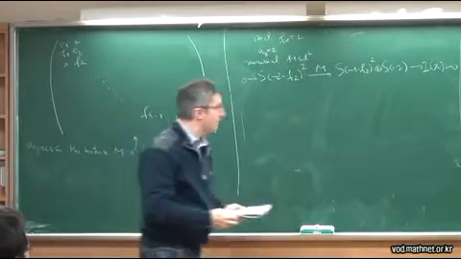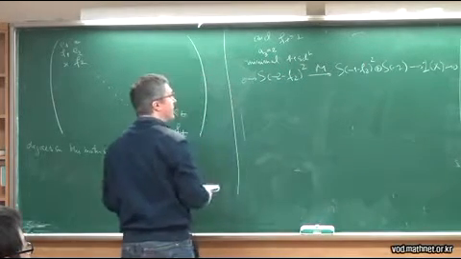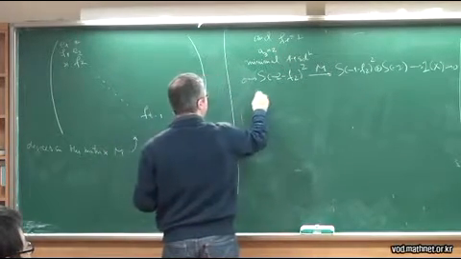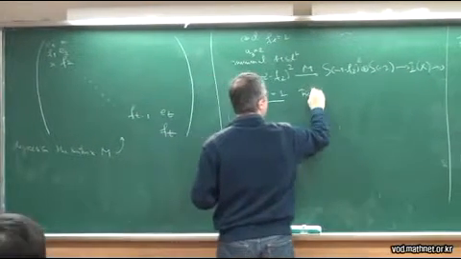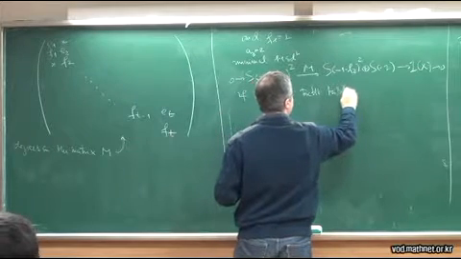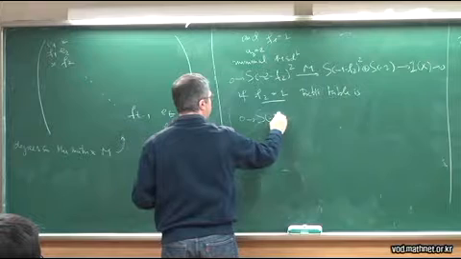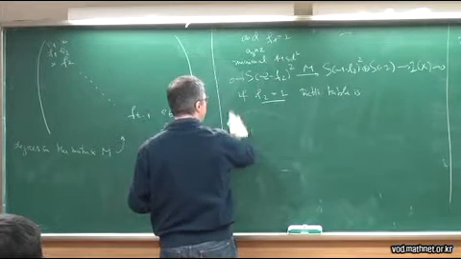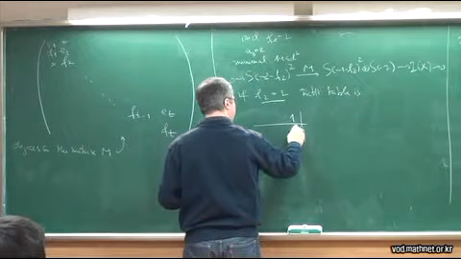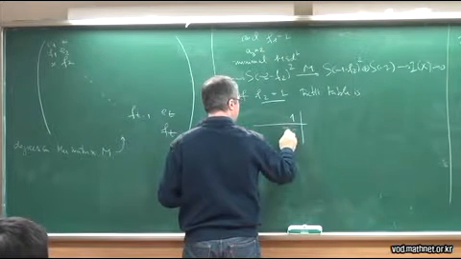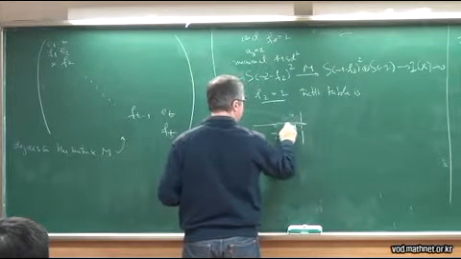And again, we have two cases according to different values of f2. So if f2 is 1, then the Betti table is, I'm writing the Betti table directly, 1, 1, 3, 2.